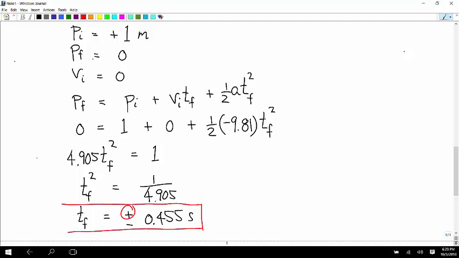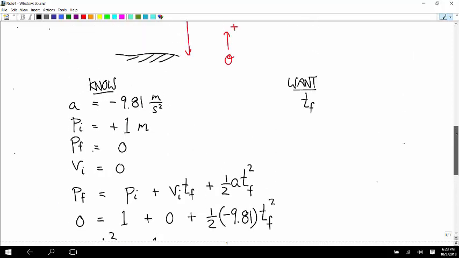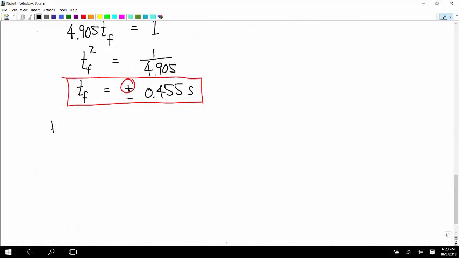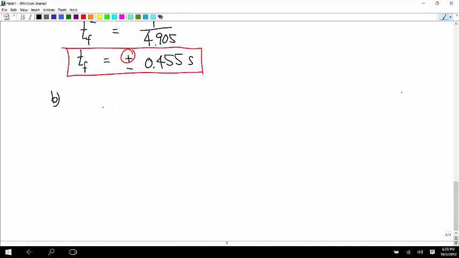Okay, so that's if it's just dropped. So now let's see mathematically what it says is going to happen if the ball has a horizontal velocity of 1,000 meters per second. Okay, so this is A. Okay, so now here's the gun.